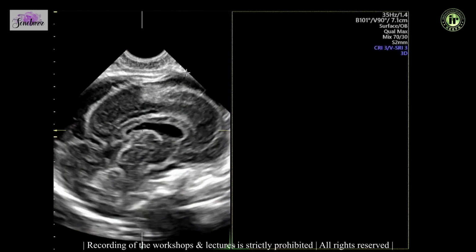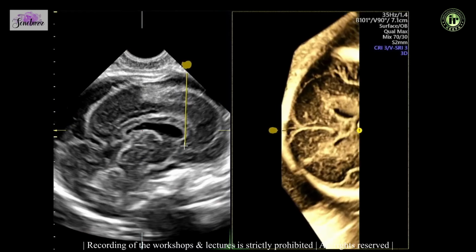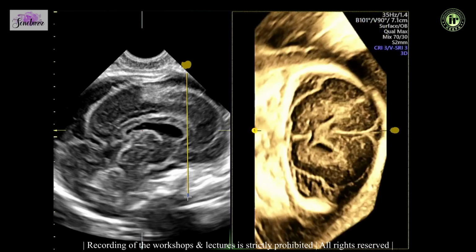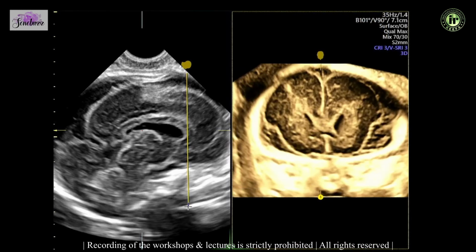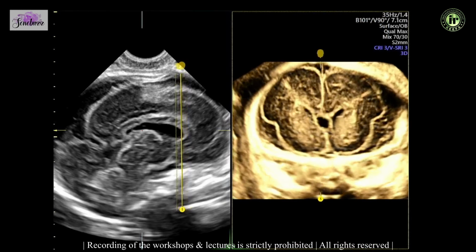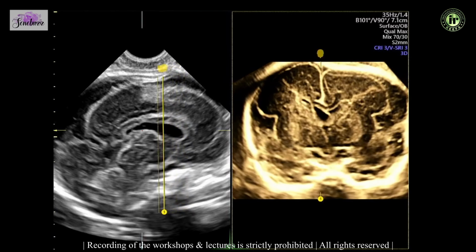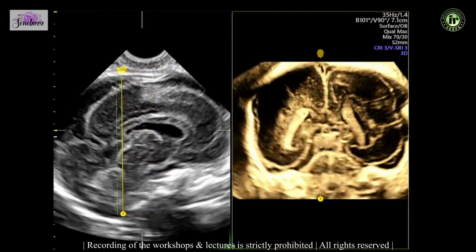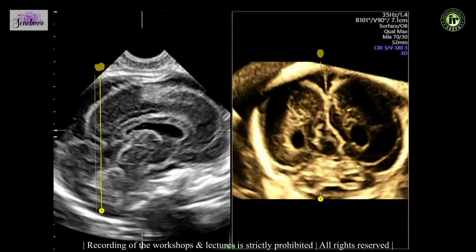And you can then take multiple sections with Omniview if you like. You can even scroll from front to back. And this is a particularly useful view, the coronal view.